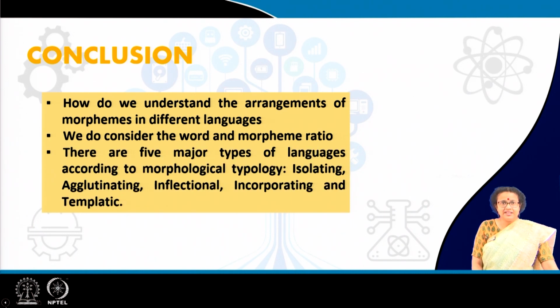We did find that there are five major types of languages according to morphological typology or the word morpheme ratio: isolating language, agglutinating language, inflectional language, incorporating language, and templatic languages. We also discussed the data from all these languages and talked about certain features.